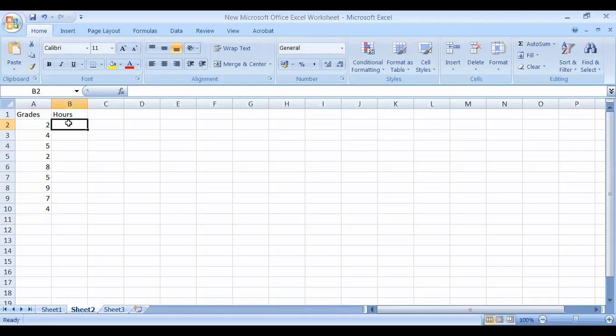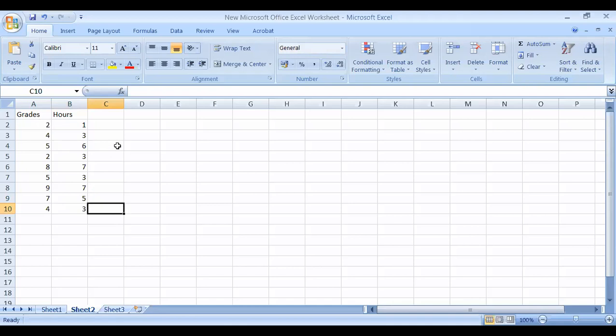Now hours of study: this person studied for 1 hour, this person studied for 3 hours, this one studied for 6 hours, 3 hours, and 7 hours, and 3 hours, and 7. I'm just fabricating the data, okay? Just to make you understand. This person used 5 hours, and this person used 3 hours of study. This is the hours of study for a test, and these are the grades they got, right?